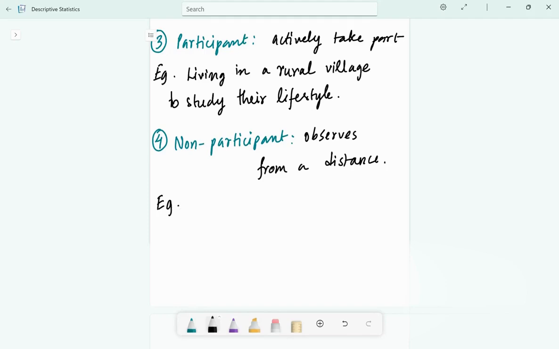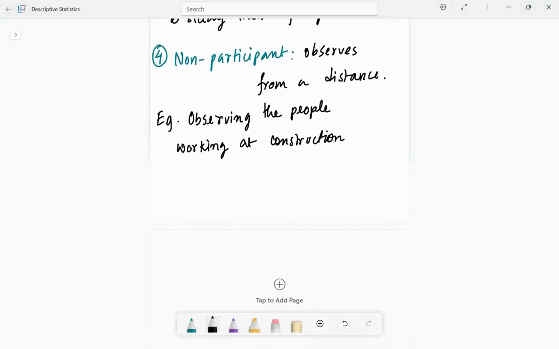The example is observing the people working at construction. You can also give me examples in the comment section. So, observing the people working at construction.